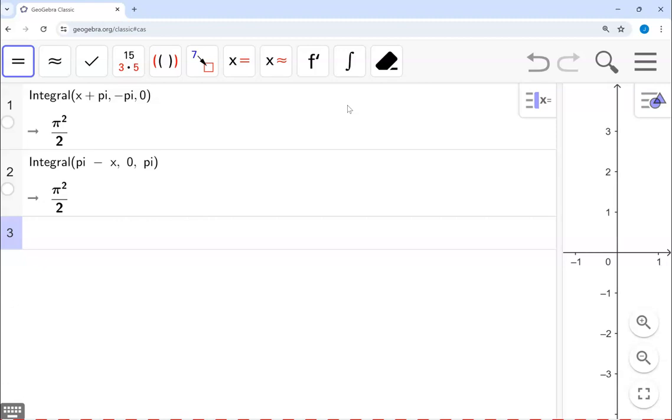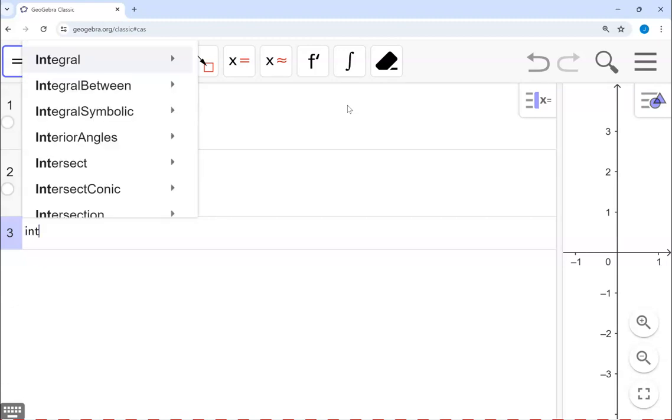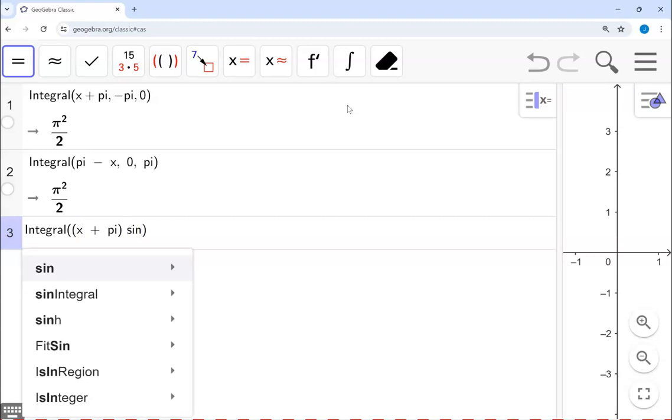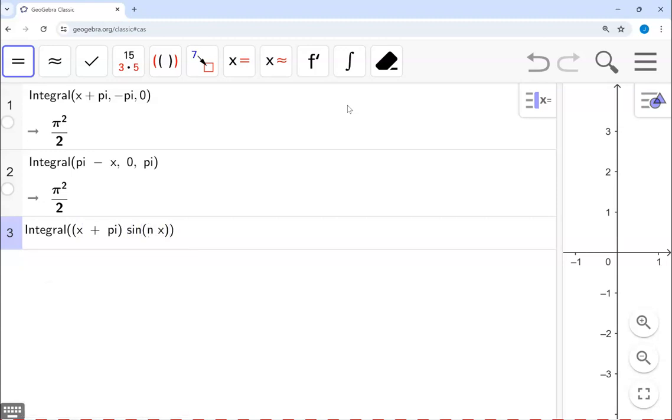All right, need to do the other ones. Let's do our integral of, first we'll have to do x plus pi times sine of nx, because this is the first half of the function, right?